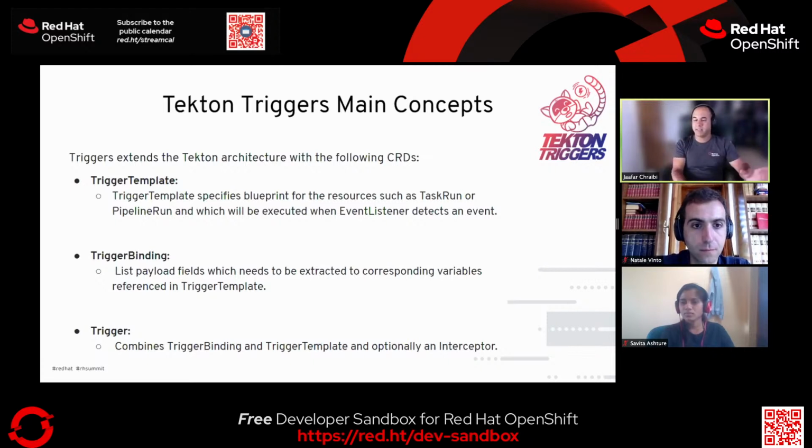We say, for example, this is $git URL, this is $git branch, etc. So this is all going to be variables. And at runtime, when we want to trigger the PipelineRun, we want these things to be filled, right? We want to get the proper values. And that's, I believe, where those triggers come into play.